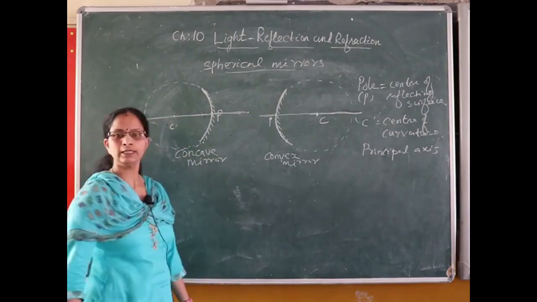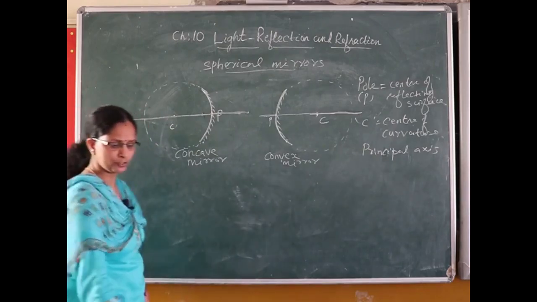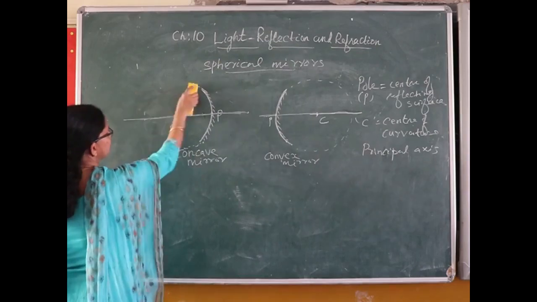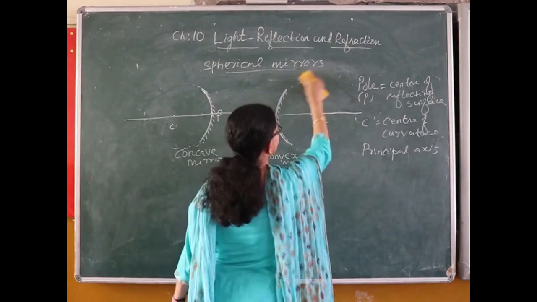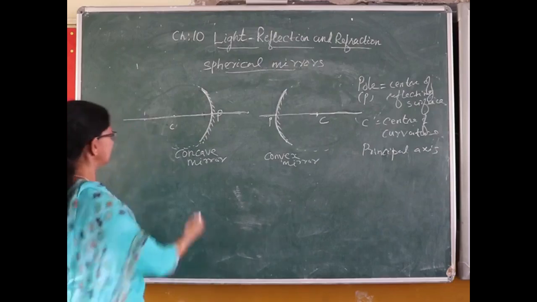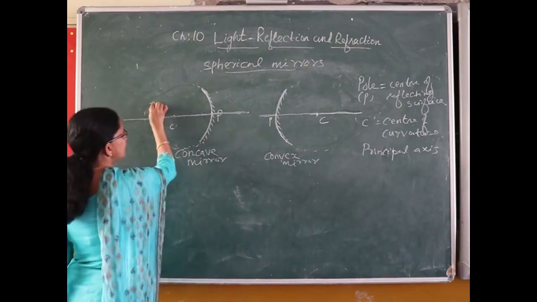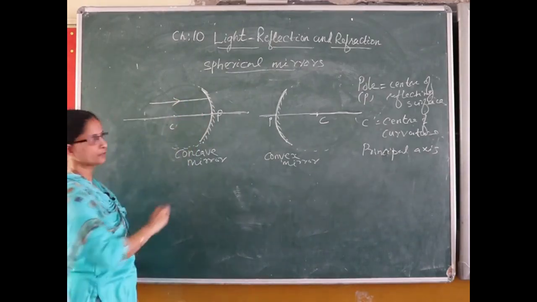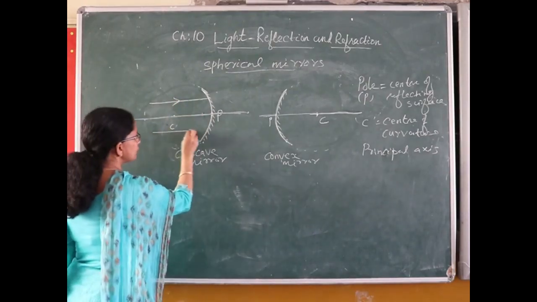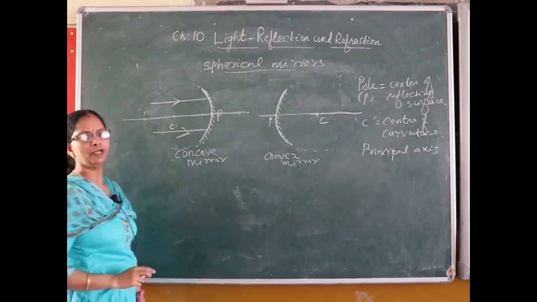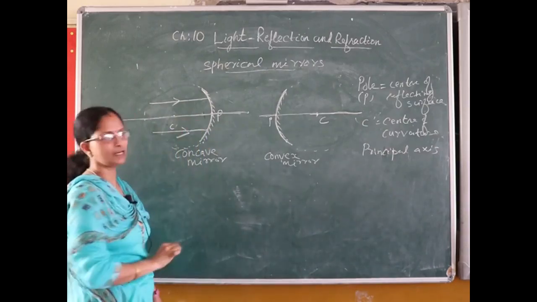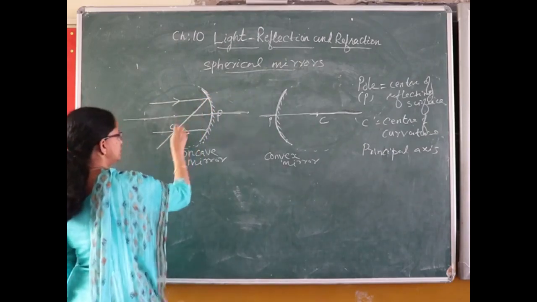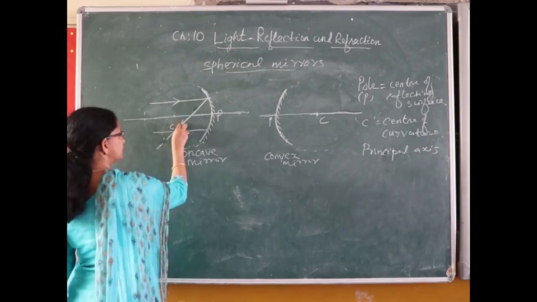Next, imagine a parallel beam of light striking this mirror. If a parallel beam of light strikes the concave mirror, after reflecting from the mirror, these rays pass through a common point on the principal axis.